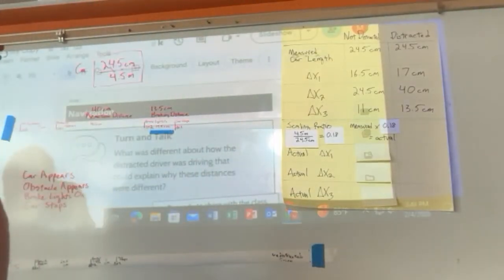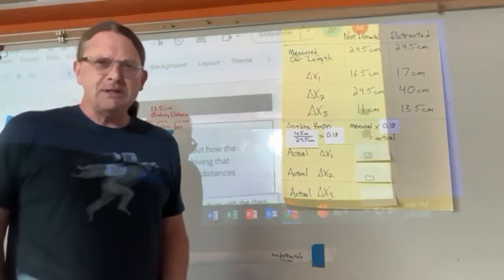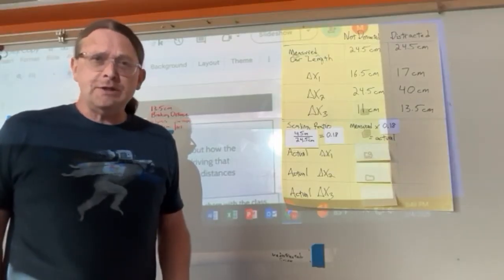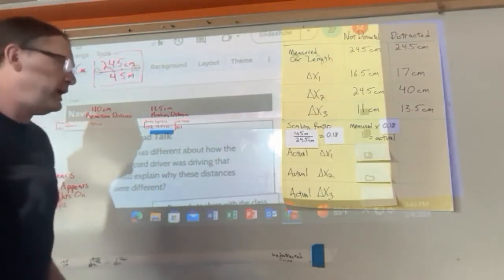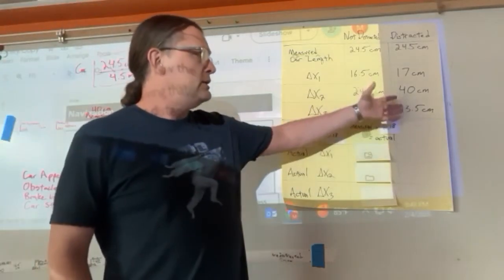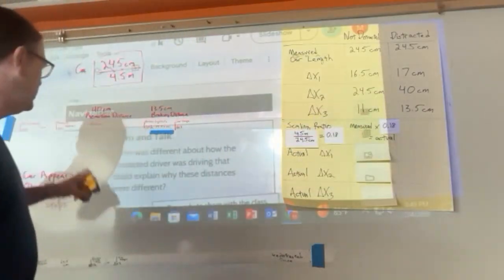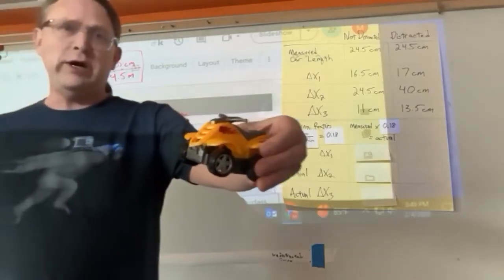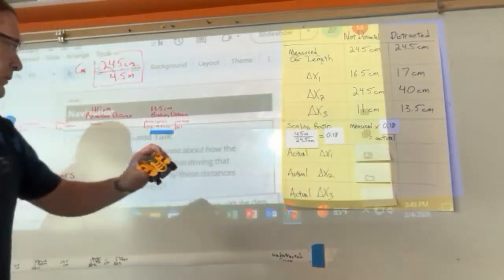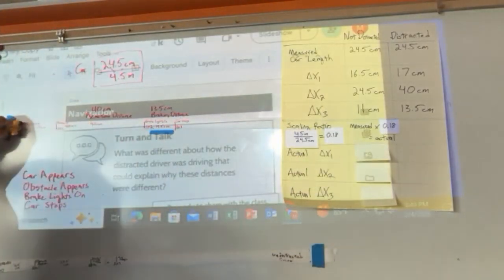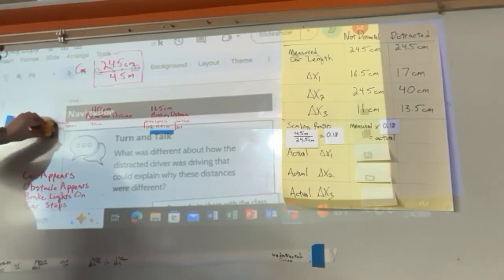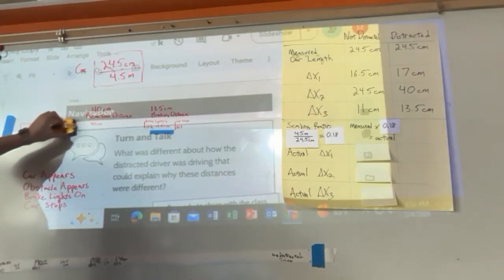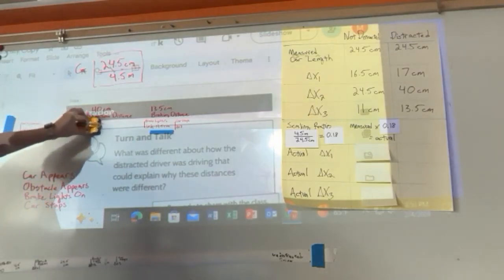So, what was different about the way the distracted driver was driving that could explain why these distances are different? We have the driver in our car driving along. He's having fun using his cell phone, and there's other friends in the car.